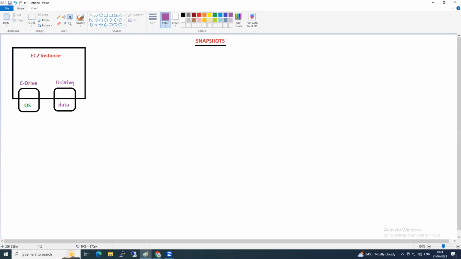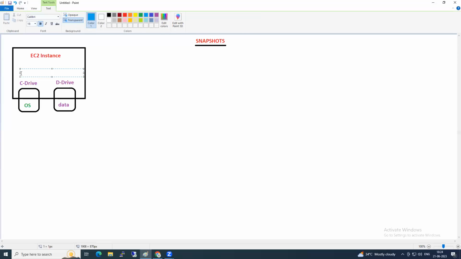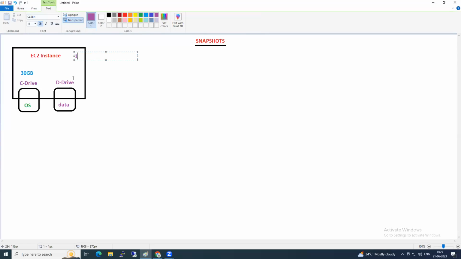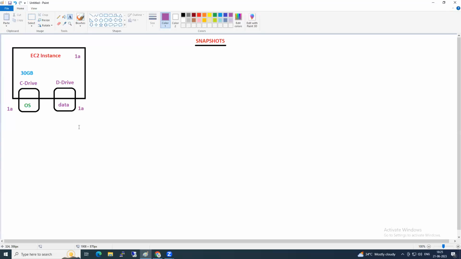What is the default size of the C drive for Windows? 30 GB. Now, if my EC2 instance is in 1A, my volume should also be in 1A. Yes. I have an EC2 instance with the C drive and D drive.